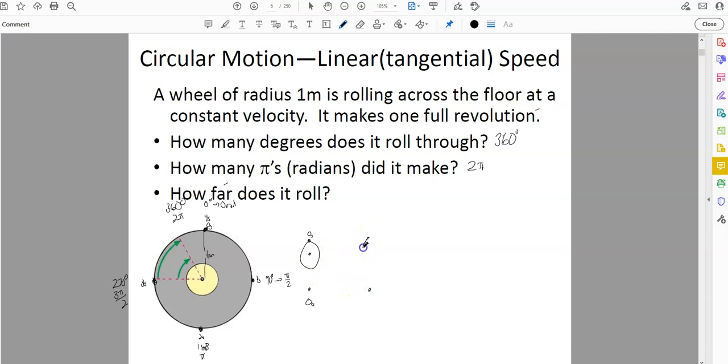And now it's at the 1 second mark. The dot's at the 1 second mark right here. So now it's rolled 1/4 of its circumference, right?